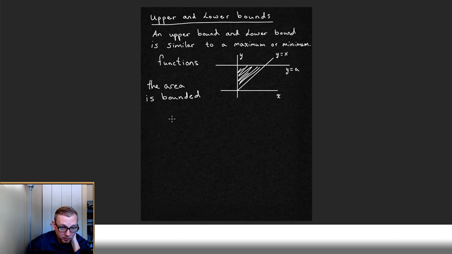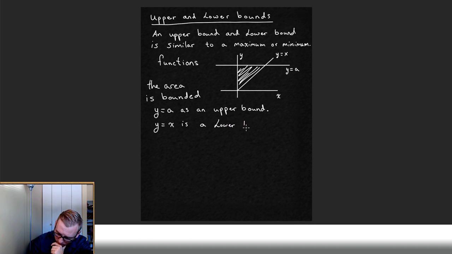The area is bounded by y equals a as an upper bound. And as a lower bound, y equals x is a lower bound. But there is a left bound, and that would be when x equals 0.